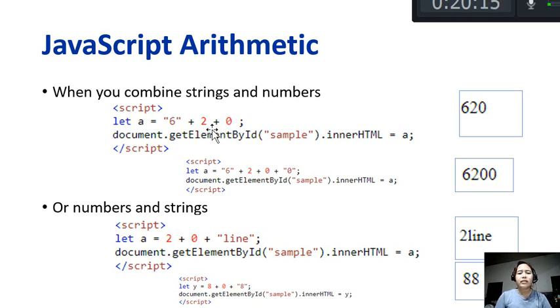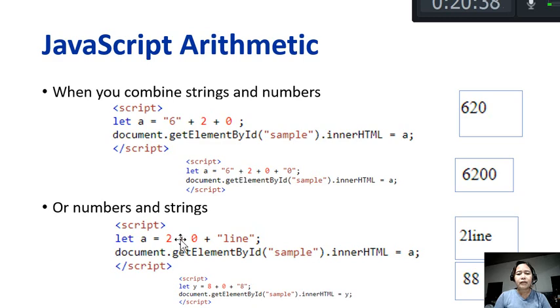So when you assign the value of a to your ID sample, the output is going to be 620. It's not going to add 2 and 0 and add it to your string, which is 6. The output is going to be 620 because it will treat 2 and 0 as a string as well.